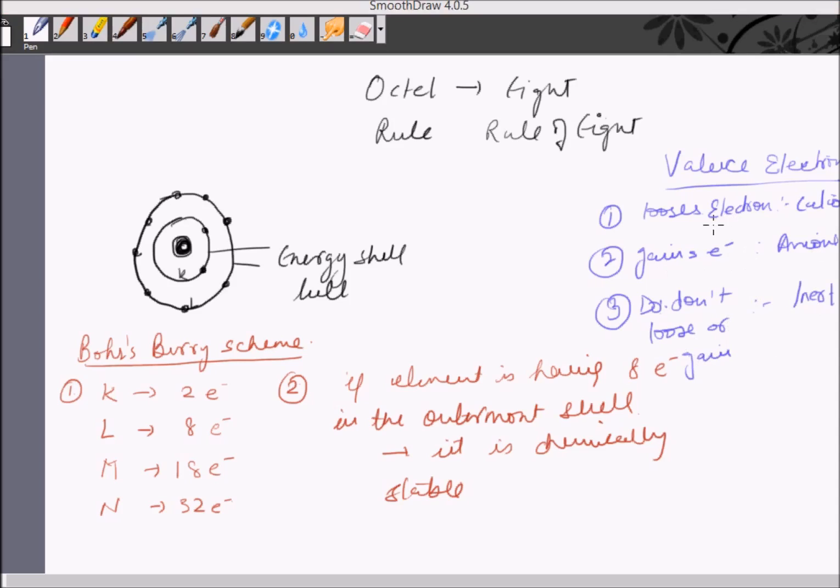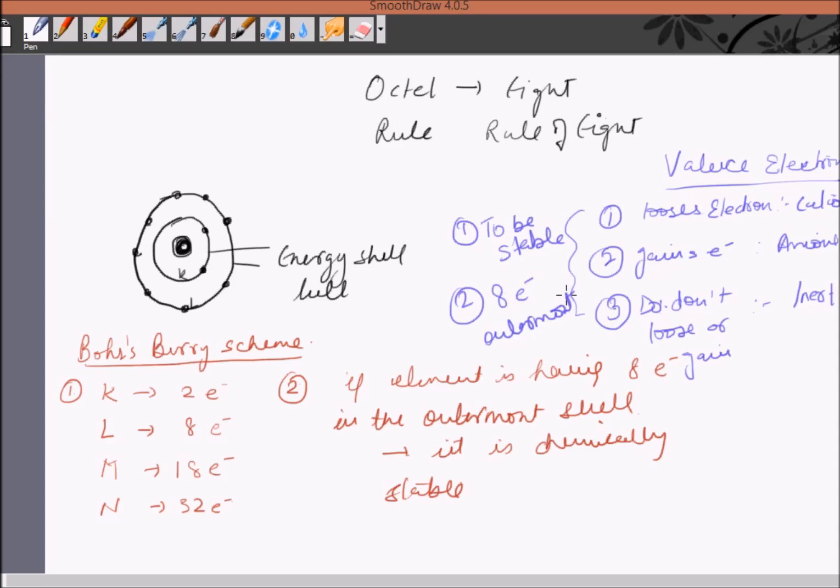Why do they lose and gain electrons? First reason, to be stable. And how will they be stable? By making 8 electrons in the outermost shell, right? So this is actually the concept of 8.